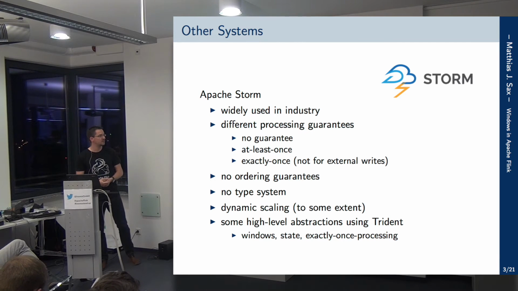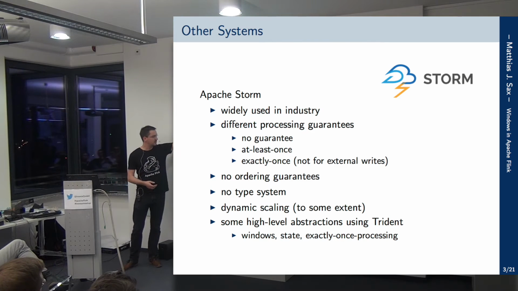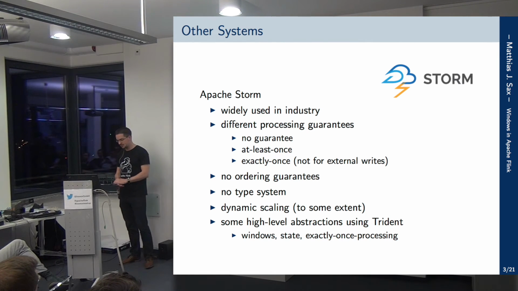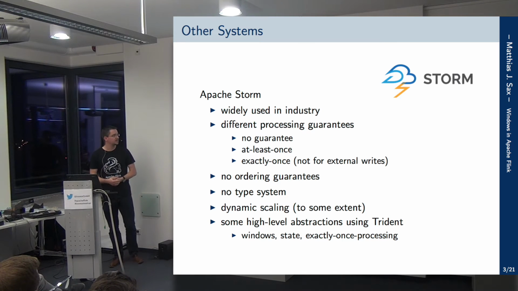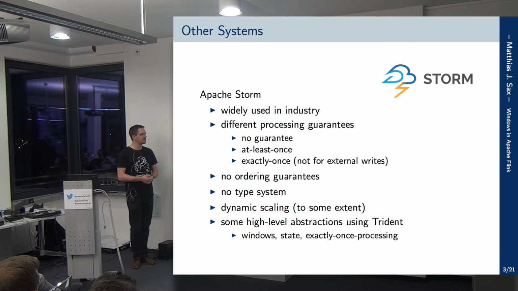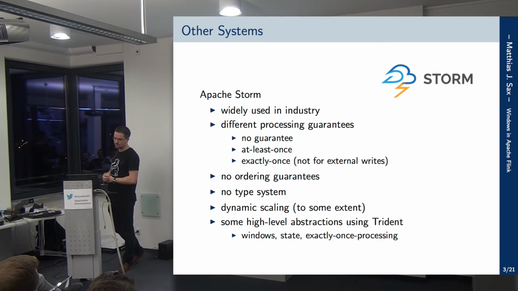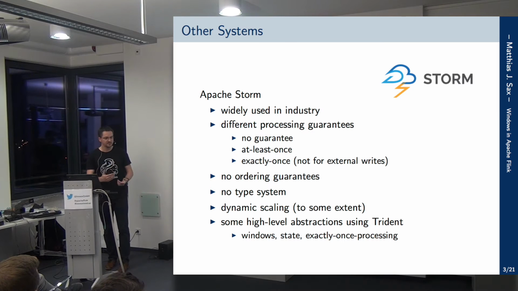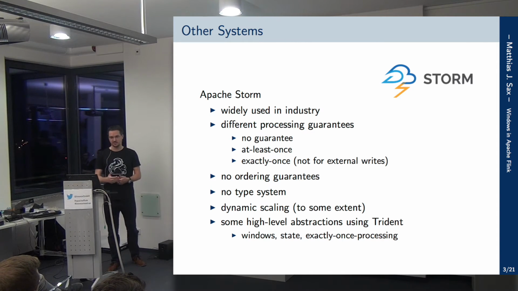This might lead to duplicates in your output, of course. And then you can have exactly once with Storm if you use the higher level abstraction Trident. But this is not exactly once for external writes. Robert mentioned it already. Flink comes with this special rolling HDFS sink where duplicated writes to HDFS are avoided.